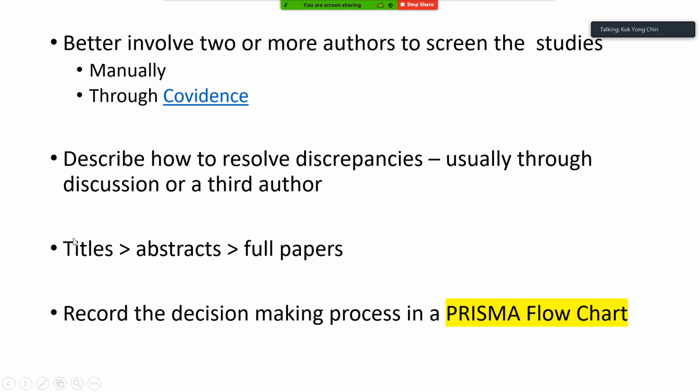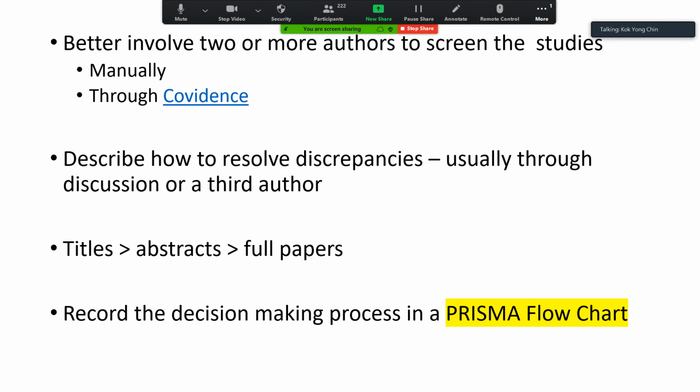There are studies that, by a single look at the title, you know are not relevant. Some titles seem relevant, but when you look at the abstract, no, they are not what you want. And some require looking at the full studies. And you need to record decision-making processes in a PRISMA flowchart, just like in a systematic review.